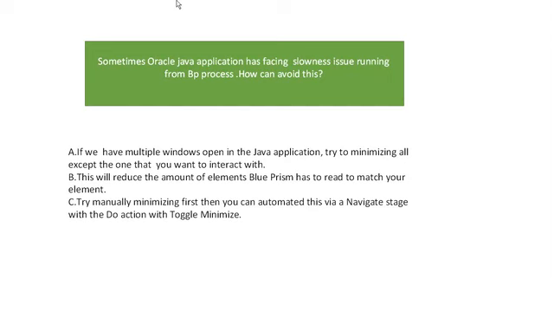Or else you open only one window at a time and the others have to be closed. This type of approach reduces the number of elements Blue Prism has to read and match. So try manually minimizing first, then you can automate this via the Navigate stage, Do Action with toggle minimize.